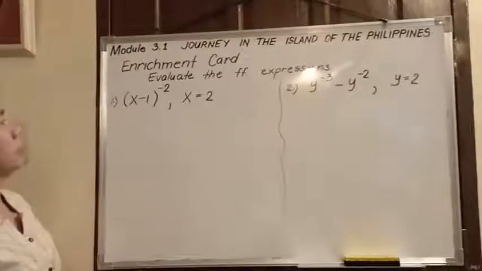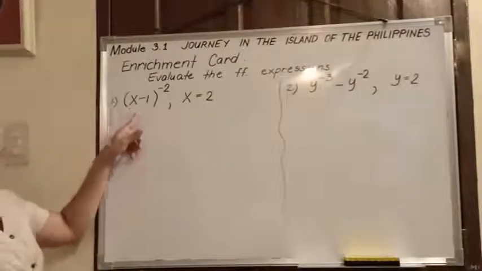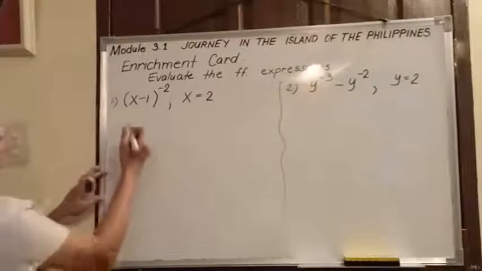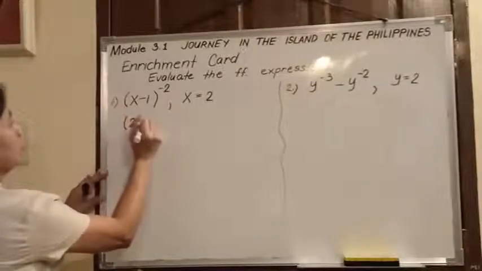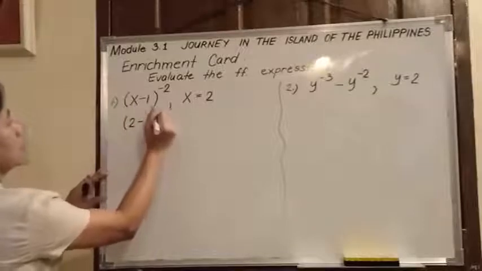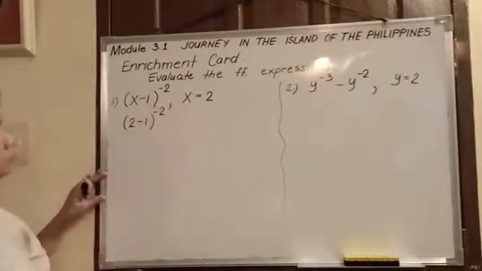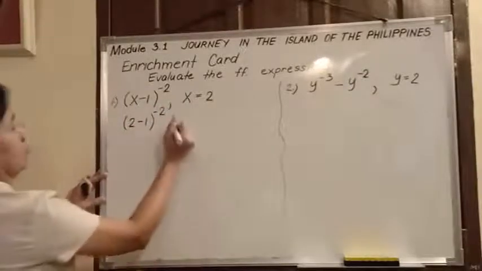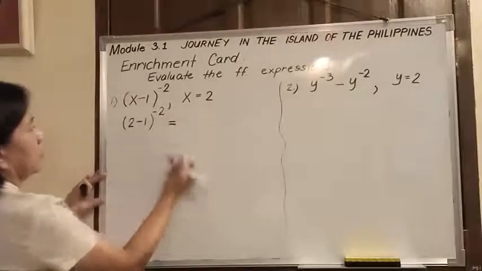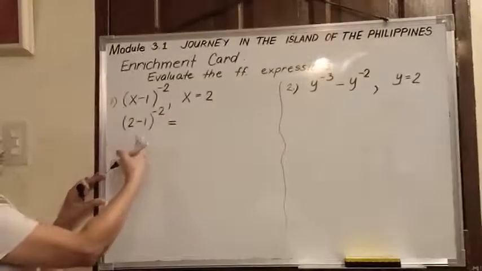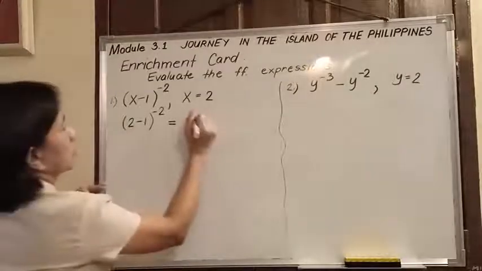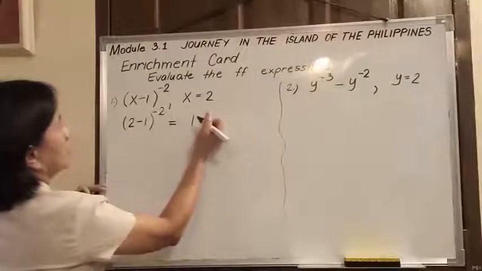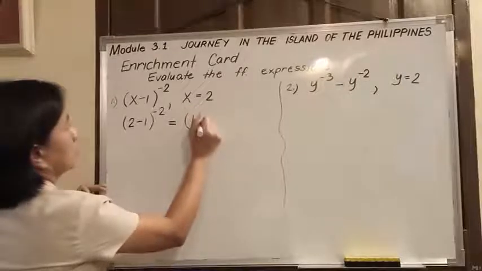Okay. For number 1, we will change x to positive 2. Therefore, we have quantity 2 minus 1 close quantity raised to the second power. Next, simplify the numbers inside the parentheses. What is 2 minus 1? 2 minus 1 is 1. So, what is 1 raised to negative 2?